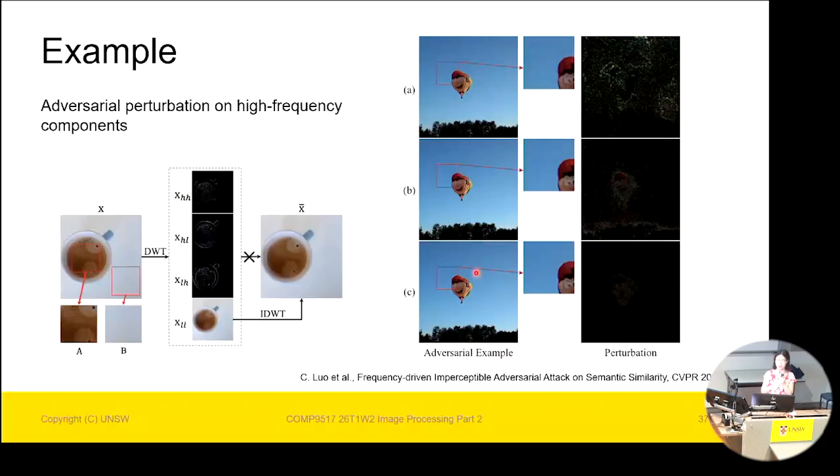That's the whole intuition behind it. We first find out where the high frequency components are, then we change some pixels in those high frequency regions, and you have a perturbed image that looks the same as the original.